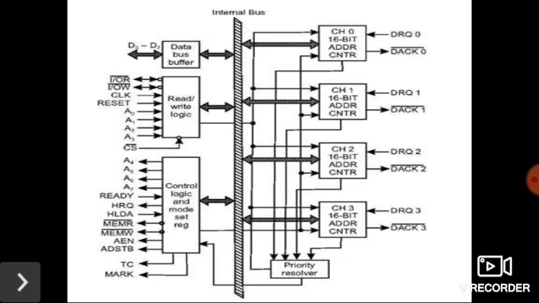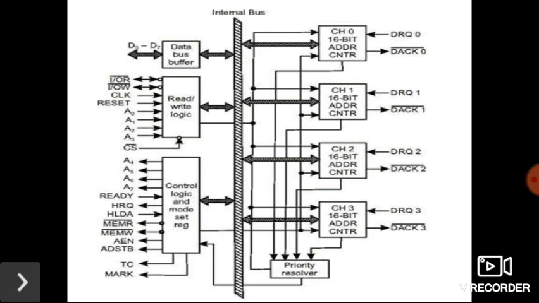First of all, we need to know the register organization. We have 4 independent DMA channels, noted on the right side as CH0 to CH3. Each DMA channel of the 8257 has two 16-bit registers, namely the DMA address register and the terminal count register.